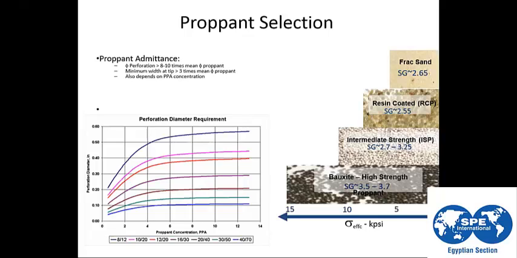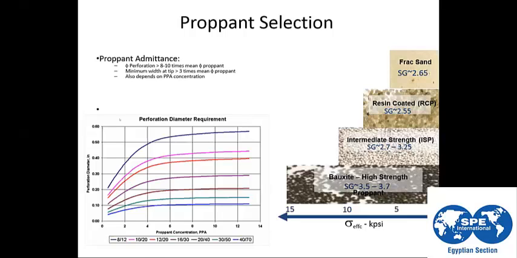Also, something else you should take into consideration: for the perforation, the entrance hole should be bigger than the proppant particle diameter by 8 to 10 times.